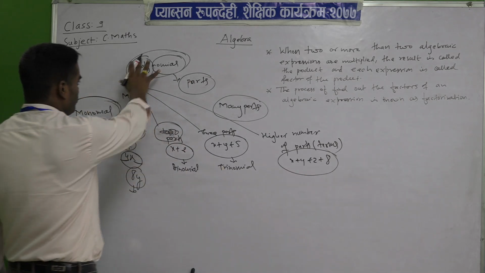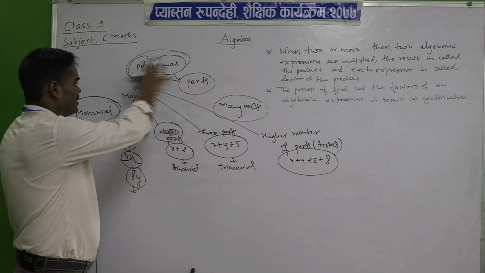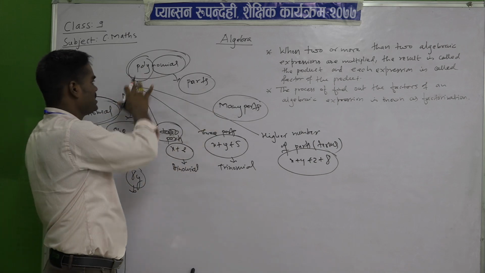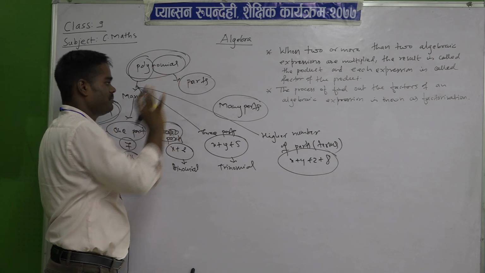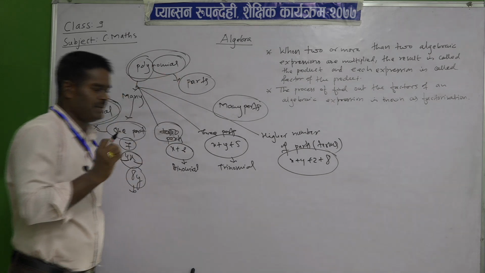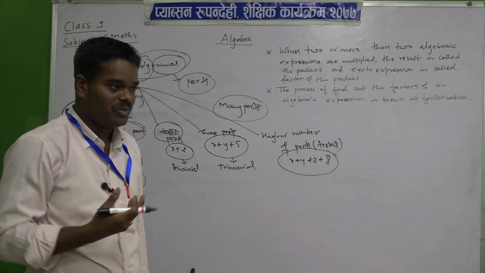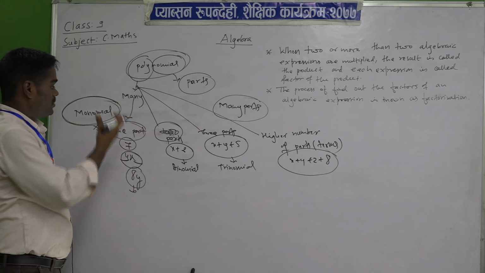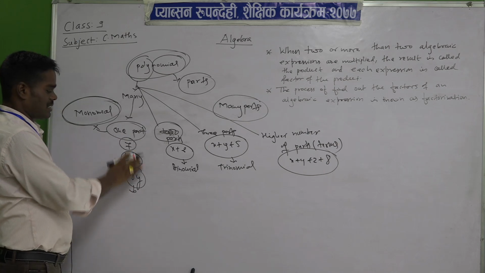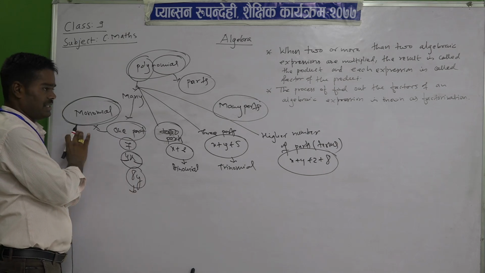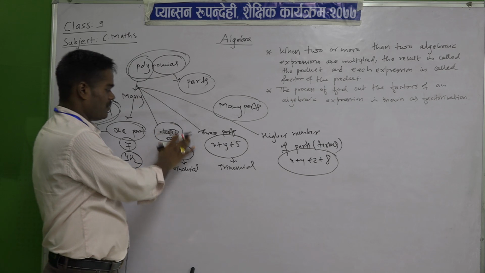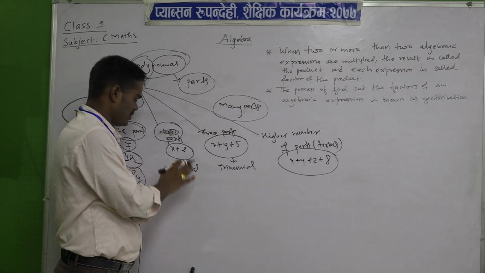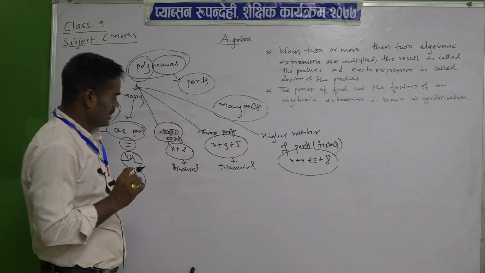So this is what we can know about polynomials. Poly means many, nomial means parts, like many parts. If in any expression there are more than 2 parts, that is known as a polynomial. If there is a single term only, that expression is a monomial. If there are only 2 terms, it is a binomial.